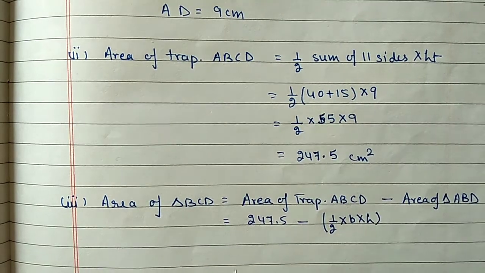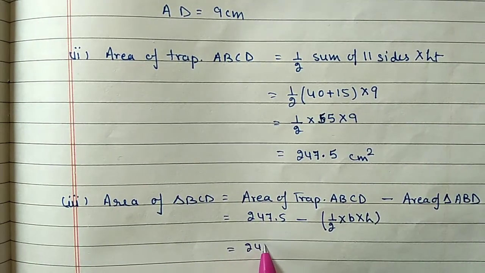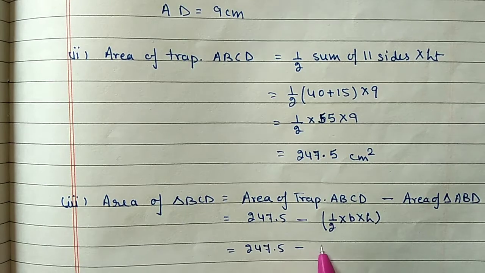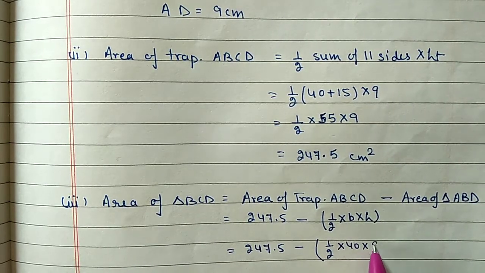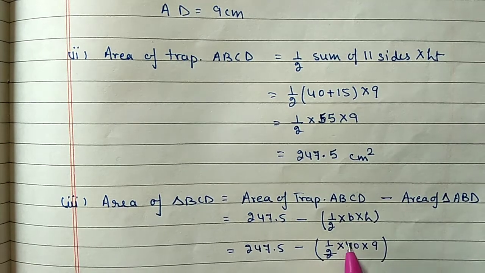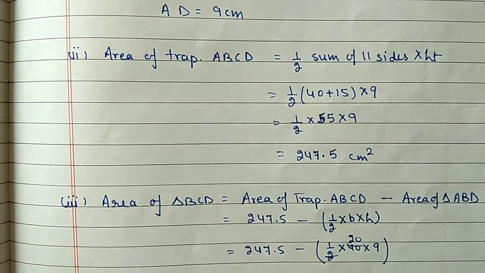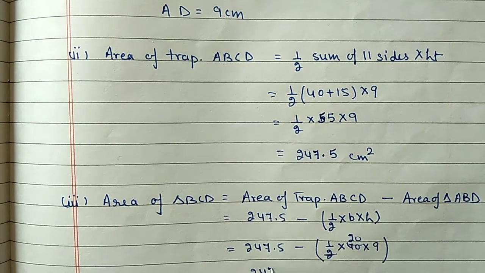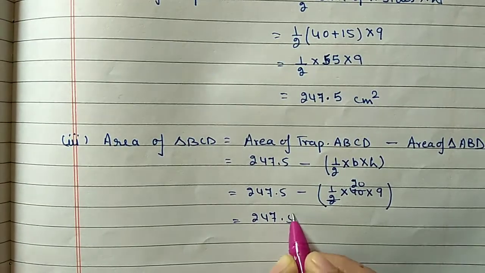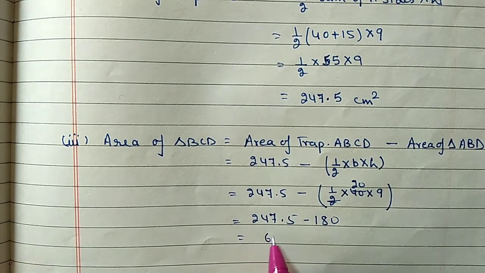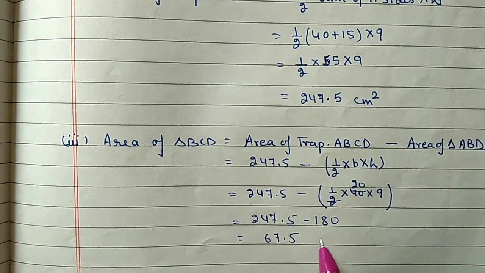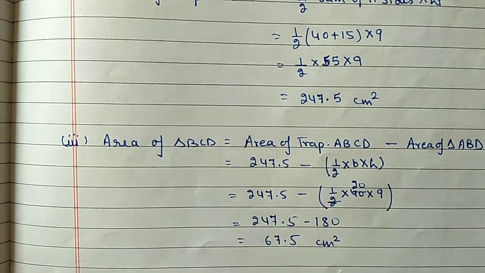Because this is a right angle triangle, one side we can take as base and another we can take as height. So base we can take as 40 and height 9. Cancel out. We will get 247.5 minus 180, and after subtraction we will get 67.5 centimeter square.